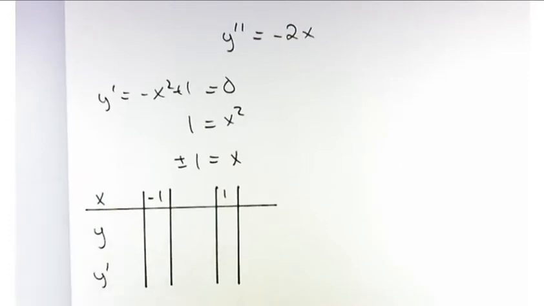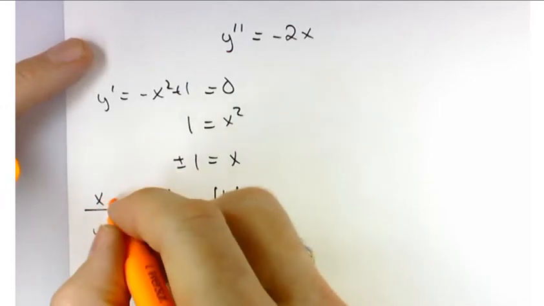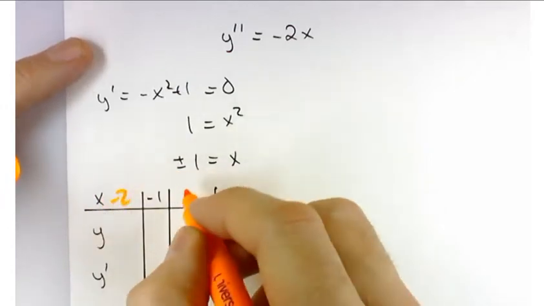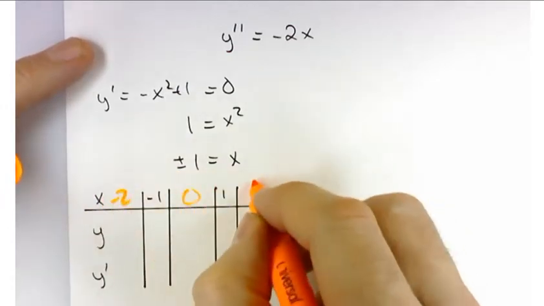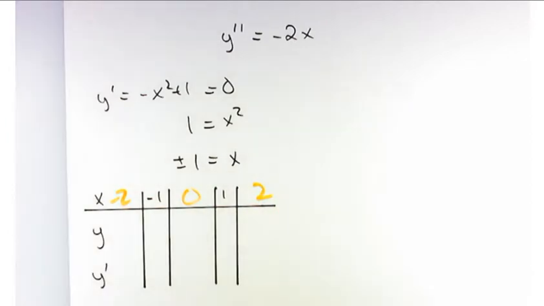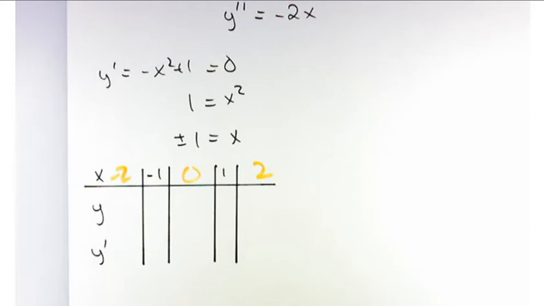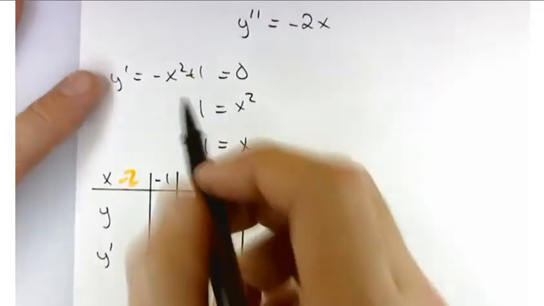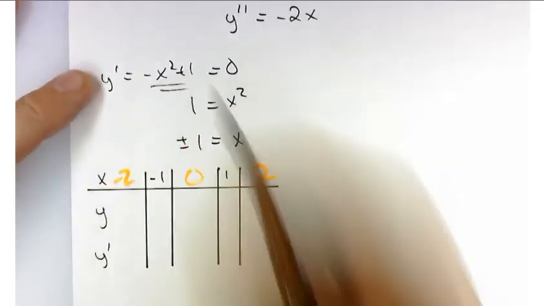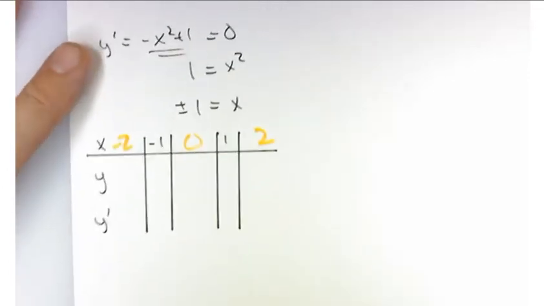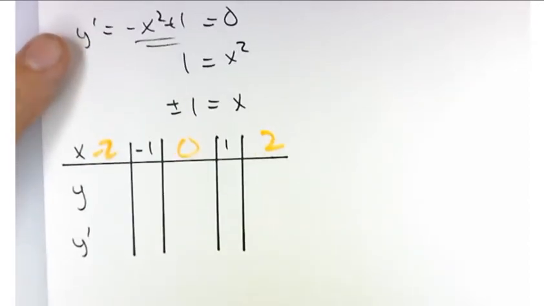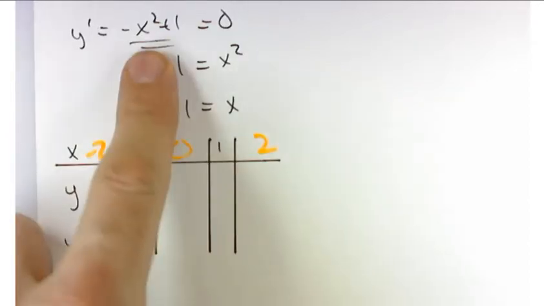So we need to test some points here. I would suggest points, keep them simple, negative 2, 0, and 2. Those should be some easy points to test. I don't think we need to take out our graphing calculator to test these, do we? If we're testing our first derivative to figure out where it's positive and negative, let's plug in a negative 2 here.